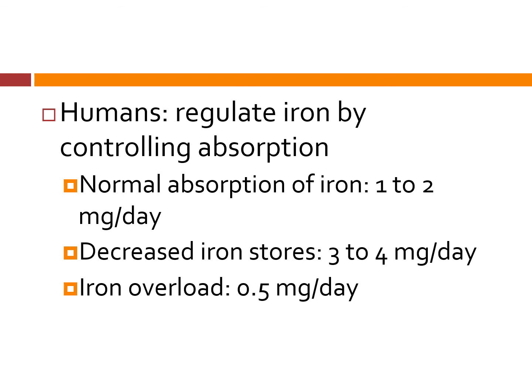If you have less iron stores at this point in time, your body will absorb 3 to 4 milligrams per day. But if your iron is overloading inside your body, your body will also absorb less. It will absorb 0.5 milligrams per day if you have iron overload.